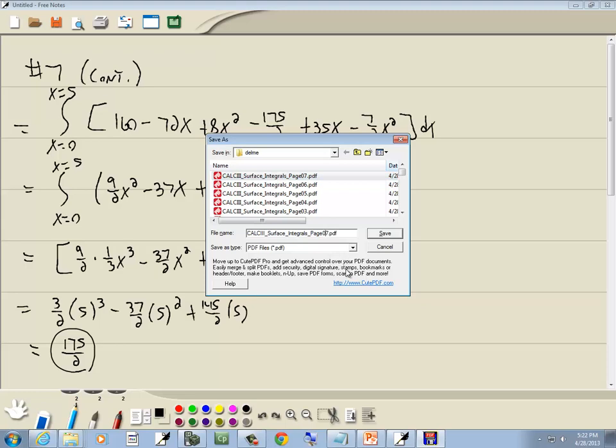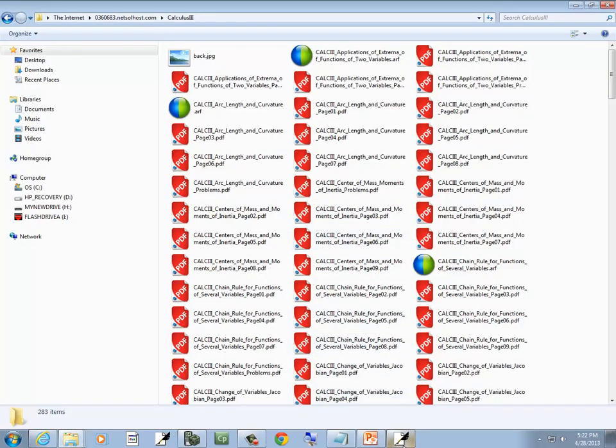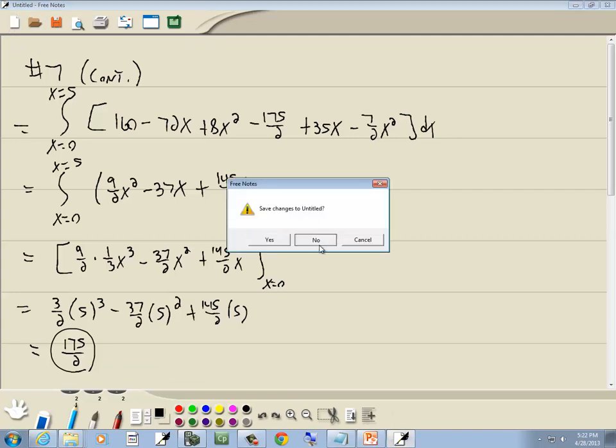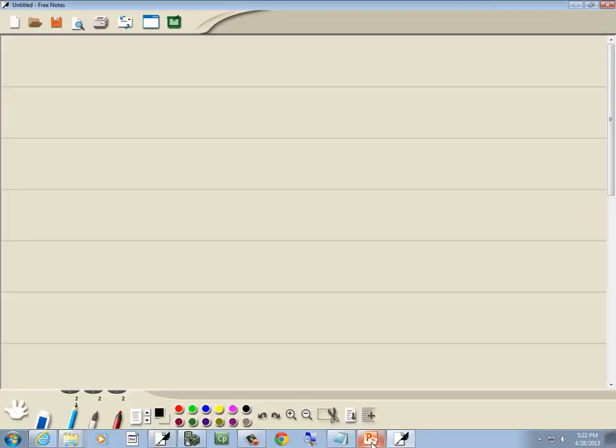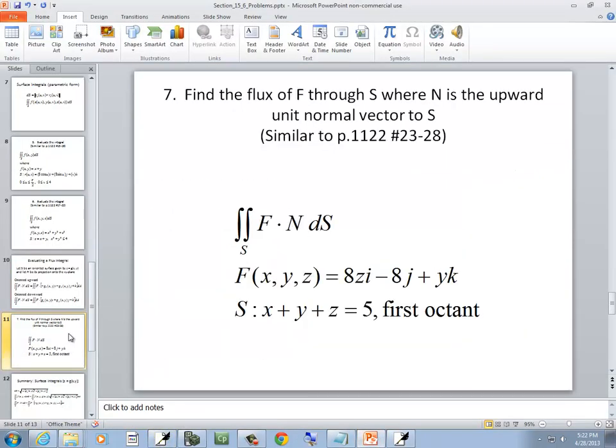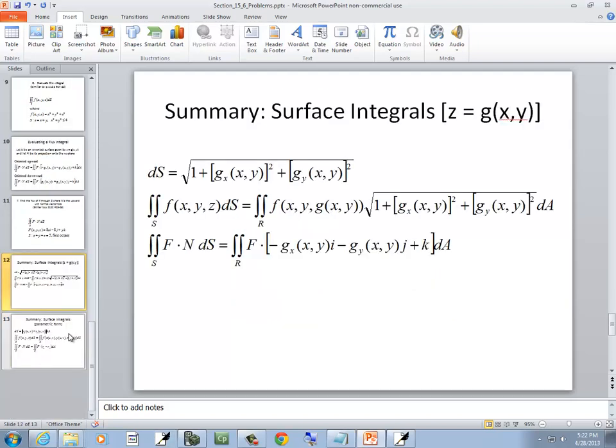A key part as you're going on in math is being able to read the formula. You know the basic techniques, but then take the formula and figure out how to write it. Based upon everything you've been shown, you should be able to go through these formulas and find whatever form you're talking about. If it's asking you to find the surface integrals, and your S is z equals something, then use this formula.